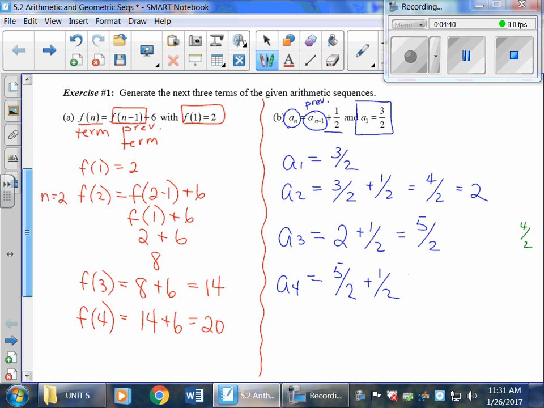All right, remember how to add fractions, by the way. We keep the denominator, we add the numerators, which is 6 over 2, which is equal to 3. So pause when you need to, write down what you need to before we move on to exercise number 2.